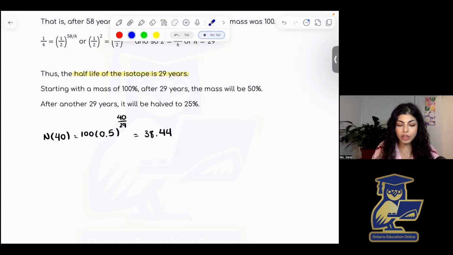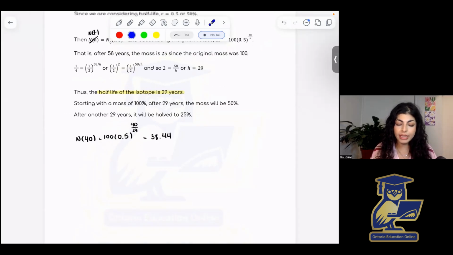Because we just saw that after 58 years, we have 25% of the population, and after 29 years, we have 50% of the population. So 40 years falls in between that range, and so does 38% fall between 25% and 50%. And that is the last example of our lesson, and that was our last lesson for exponential functions.